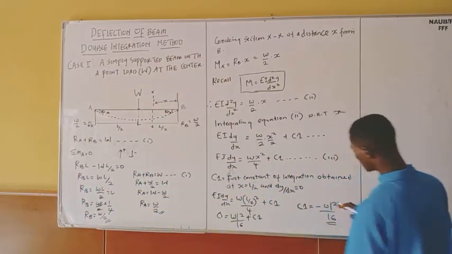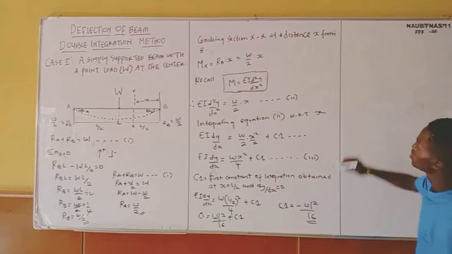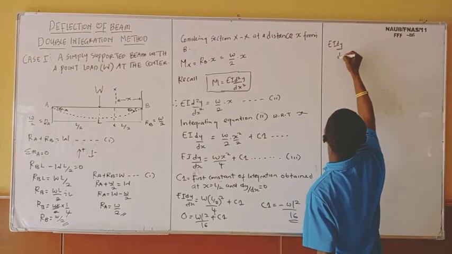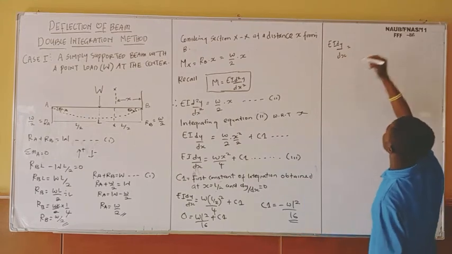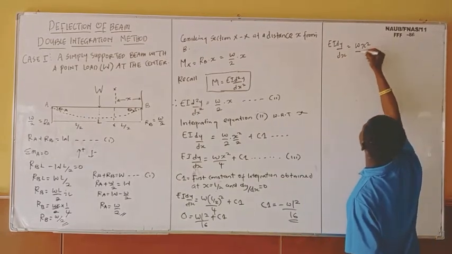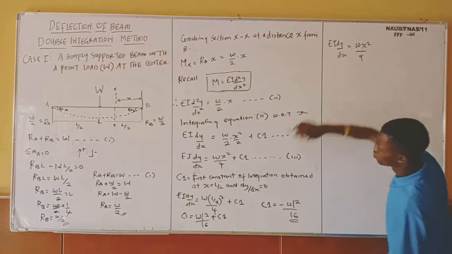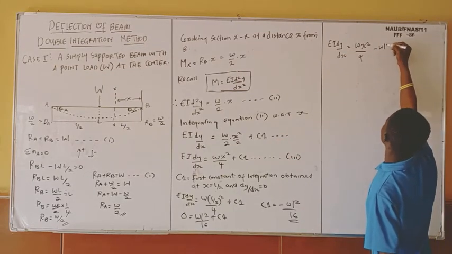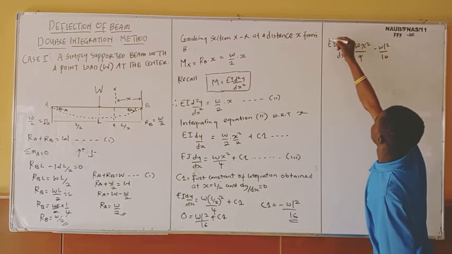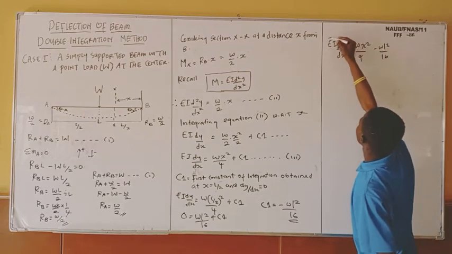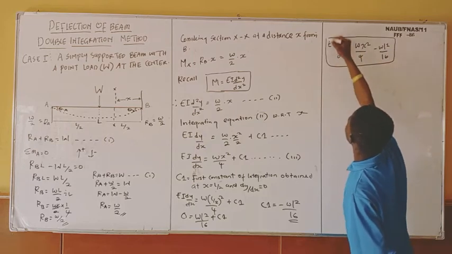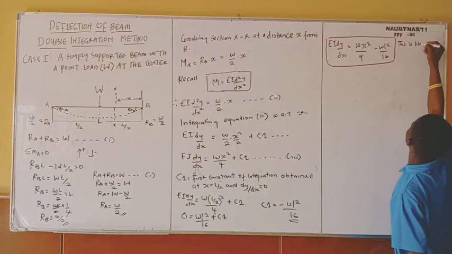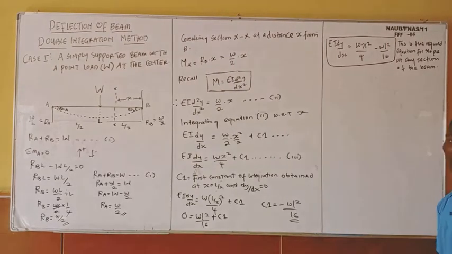If I substitute this value into this equation, I'm left with EI dy dx equals to Wx squared over 4, and the value of my C1 is minus WL squared over 16. So this is the required equation, the equation for slope at any section of the beam.